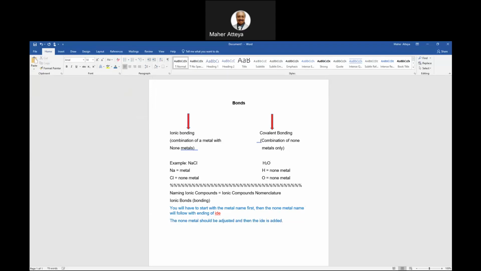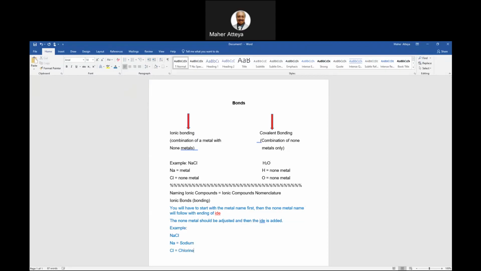Let's look at the name of NaCl. That's an example here. Zoom down. Example here, guys. The metal is Na. Na is sodium, correct? And Cl is chlorine.